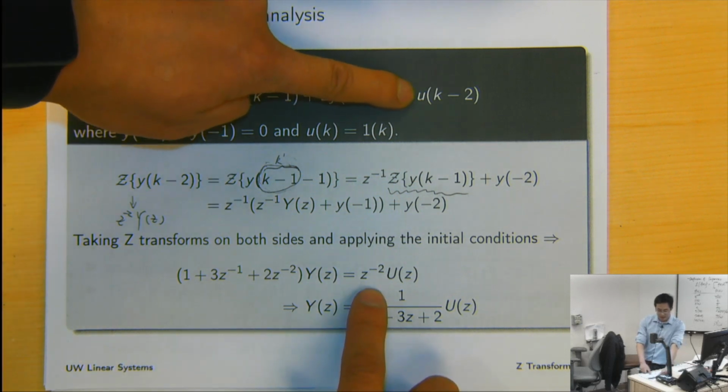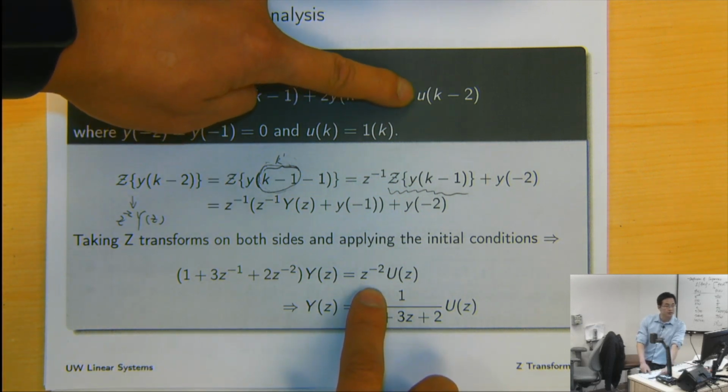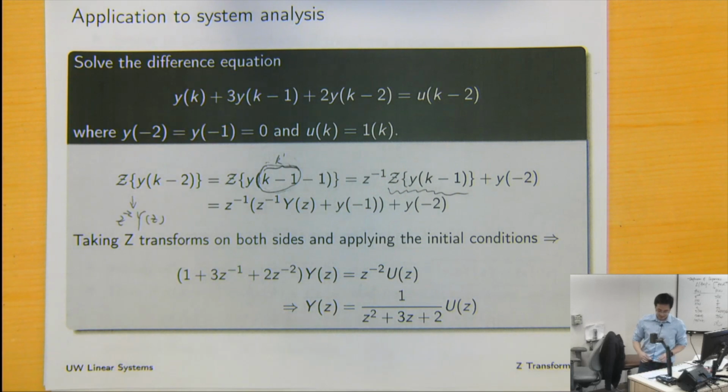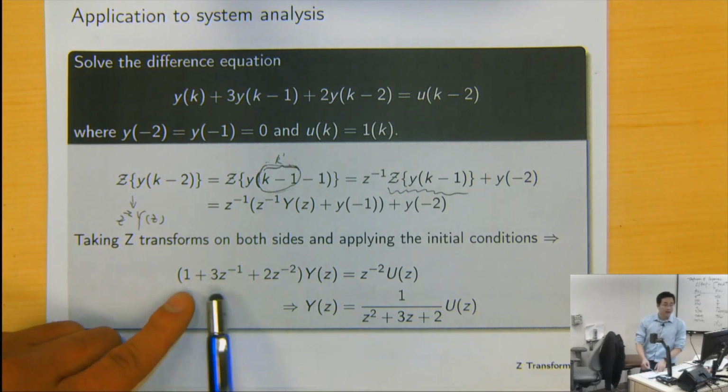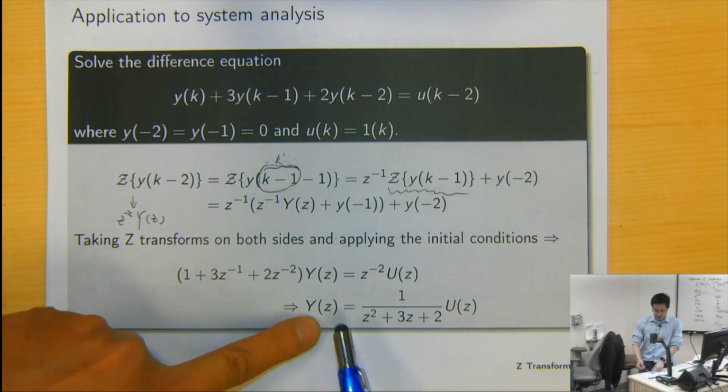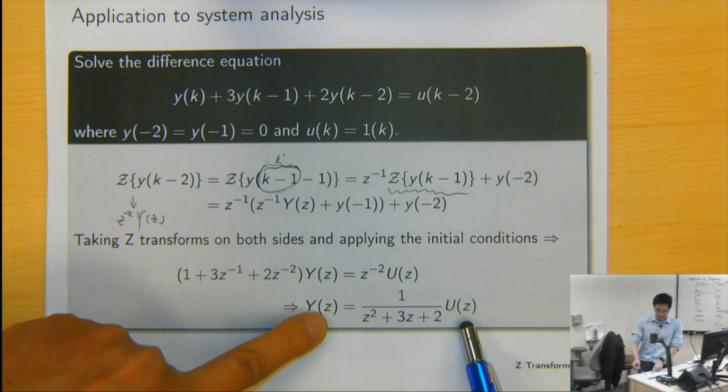On the right-hand side, we have two-step delay for u. It's going to be z negative 2 U(z). And then we can divide things out and make the result explicit to be a relationship between the output and the input.